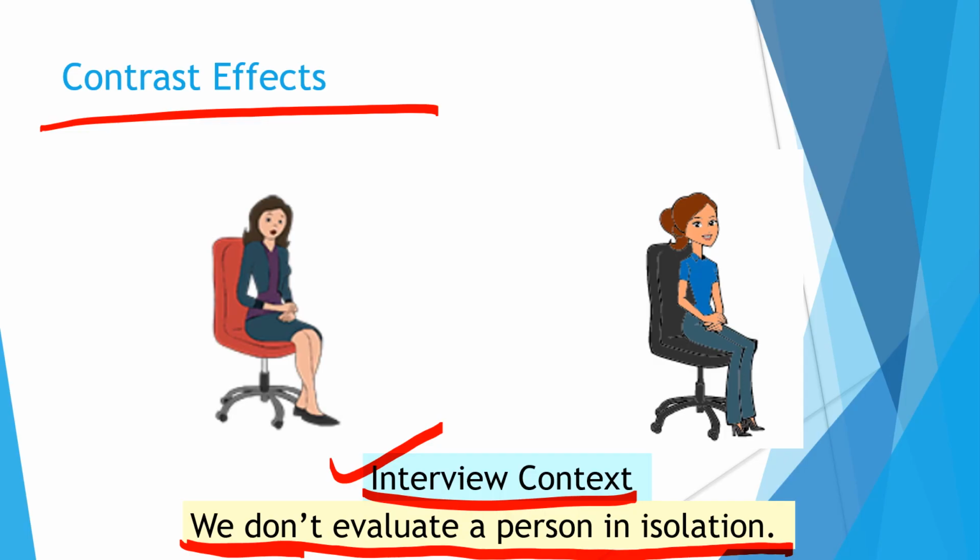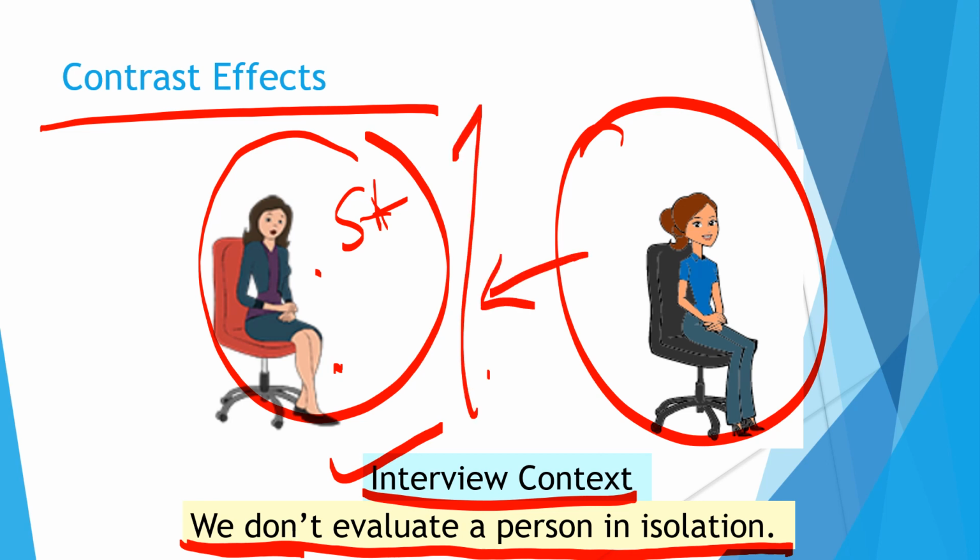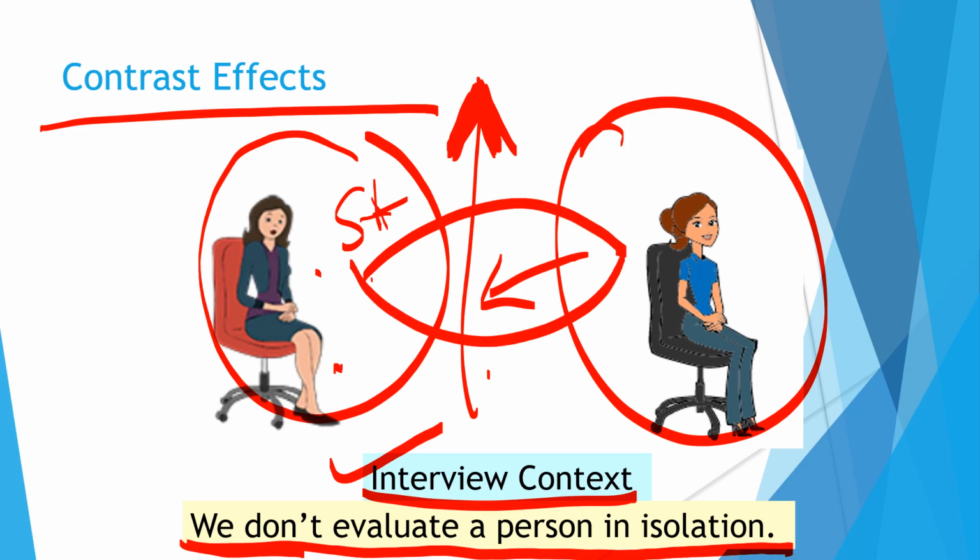Contrast effect can occur when a candidate is evaluated relative to others who have just been interviewed. For example, a particularly strong candidate, you can see the attire and everything is there, was very strong academically and very confident. That person was interviewed just before, so the expectations of the interview panel will go up, and automatically, subconsciously, they are going to compare both the candidates.